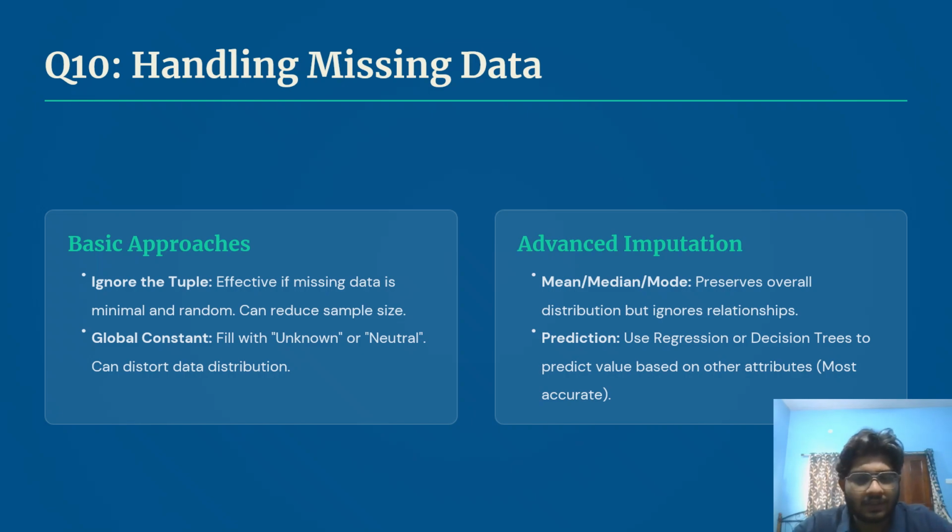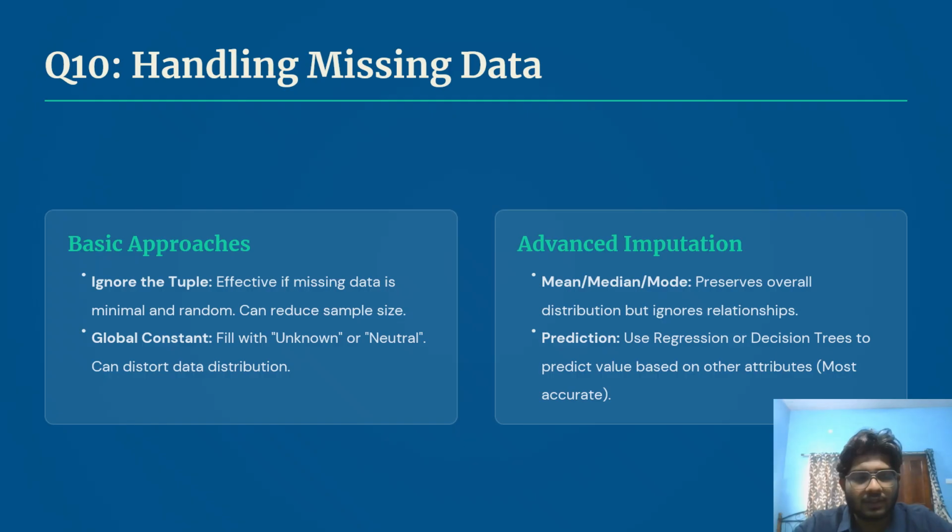And the other is prediction. Use a regression or decision tree to predict the value based on the other attributes. It is the most accurate one. This is where we get smart, right? We use the student's other 20 answers to predict what the missing 21st answer should have been.